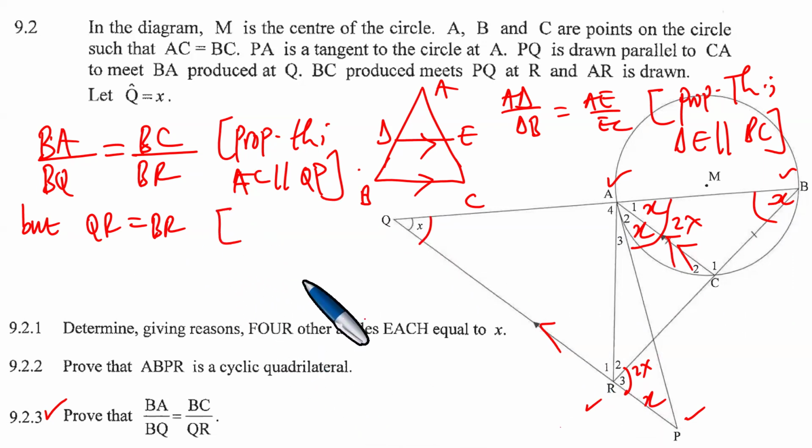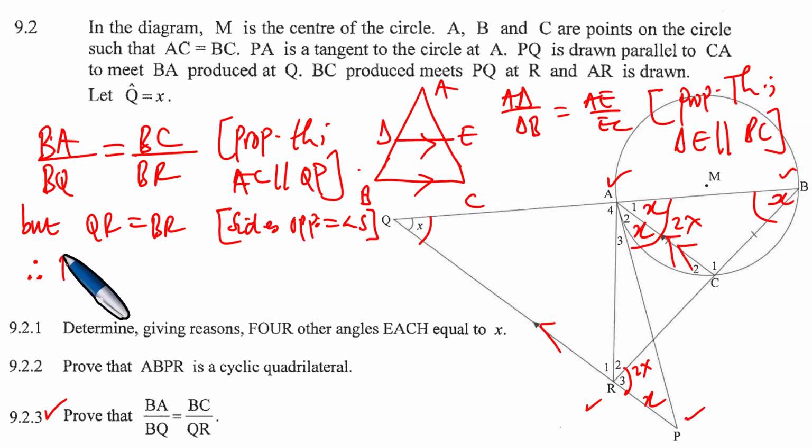Obviously now QR is equal to BR, and the reason is sides opposite equal angles. So yeah, the QR, the PR, you can compare with this one here.